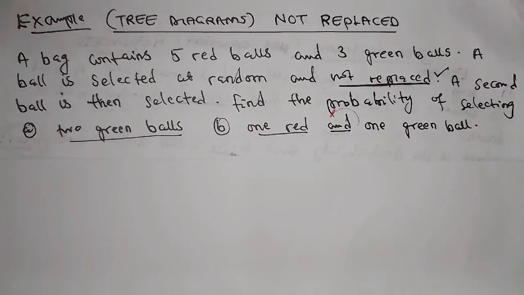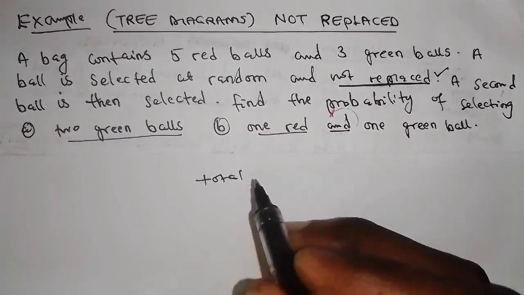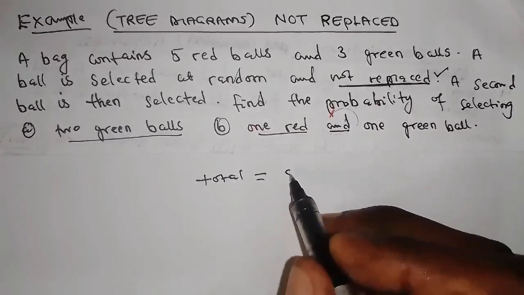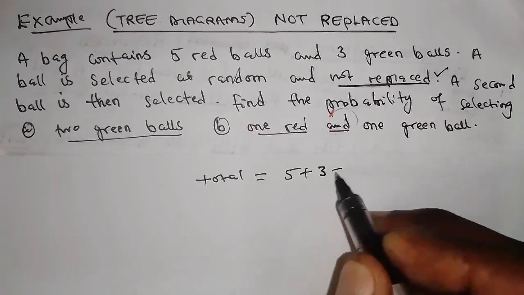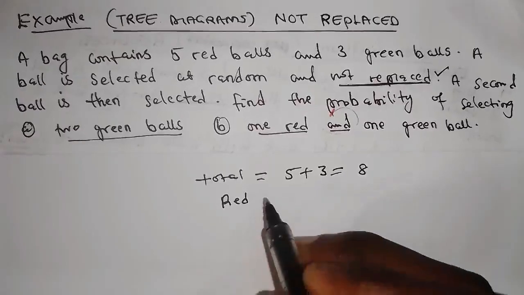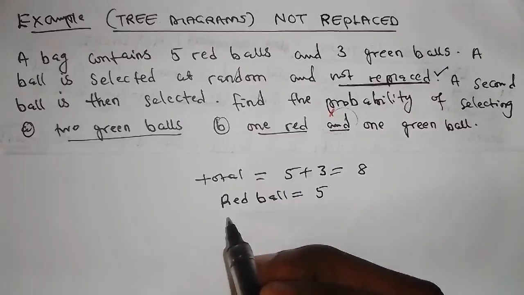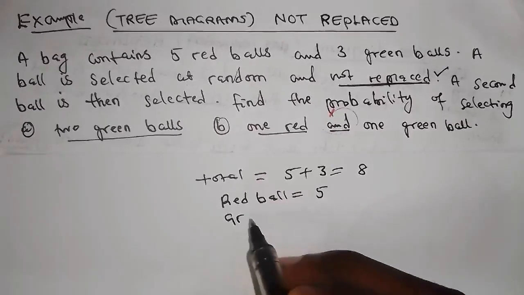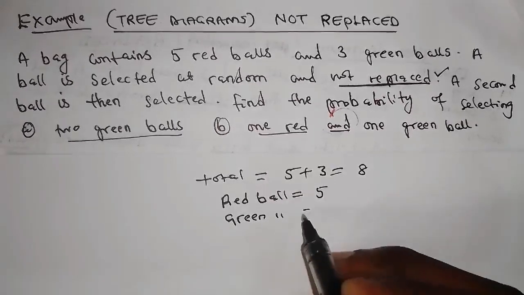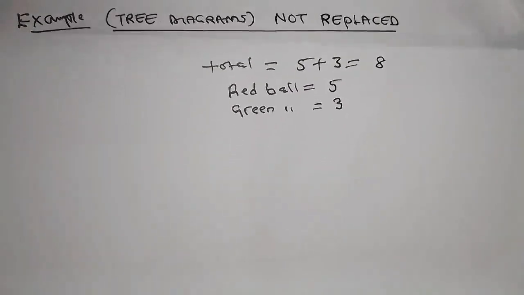The most important thing to do is for us to draw that diagram. First of all, what's the total? The total is 5 plus 3, which is 8. For the red balls, we have 5, and for the green balls, we have 3. So what you are going to do now is draw that.